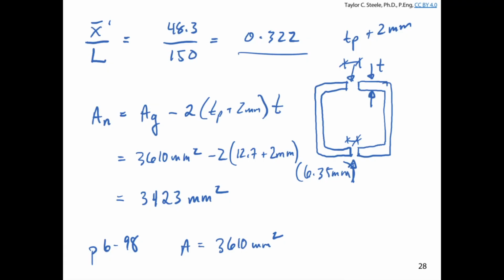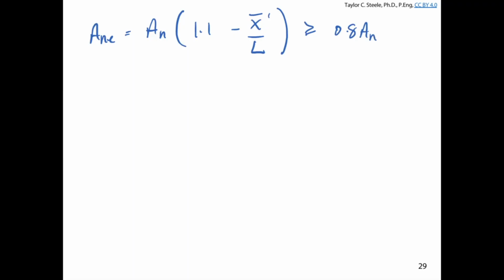Okay, so that's AN. And calculating ANE, we need to take AN and multiply it by 1.1 minus x bar prime over L. They tell us this should be greater than or equal to 0.8 AN. They should just get rid of that and not actually tell us that.